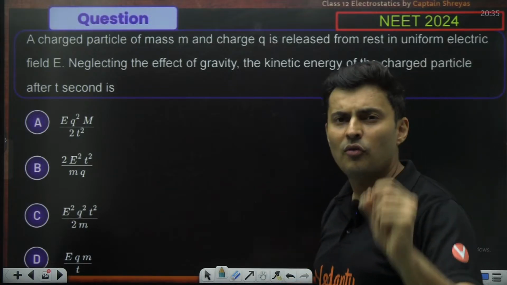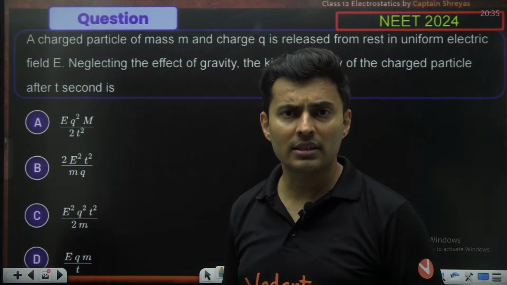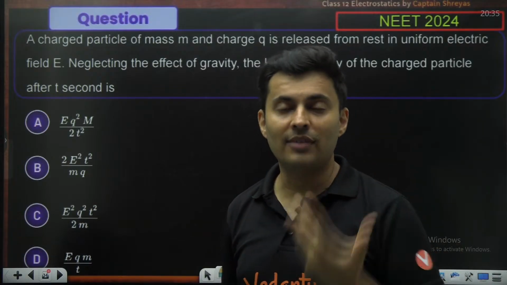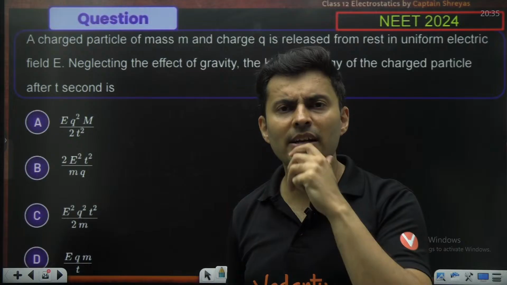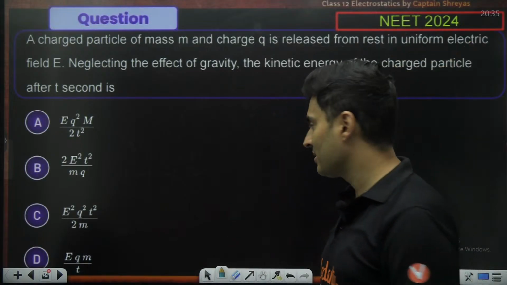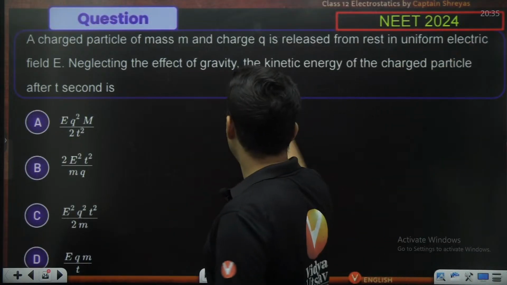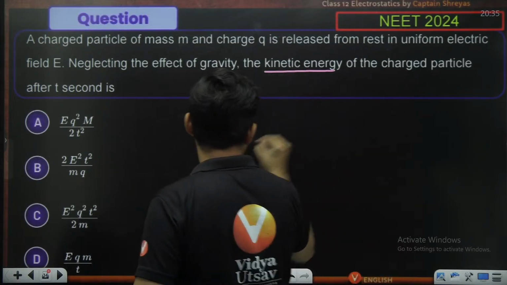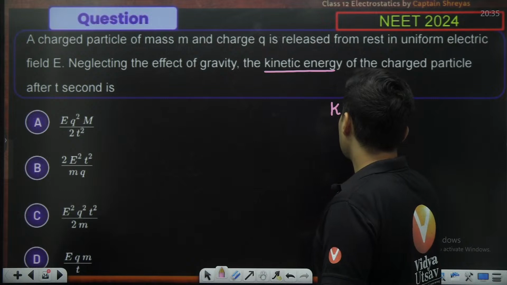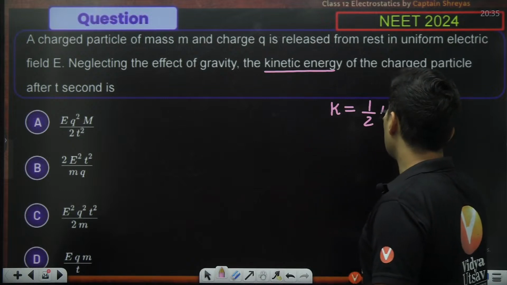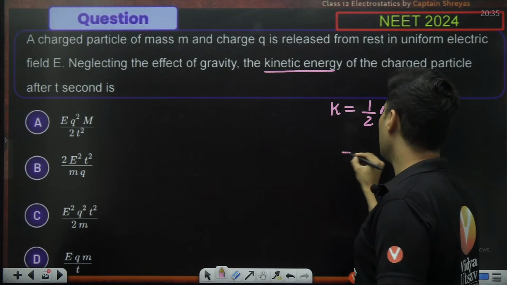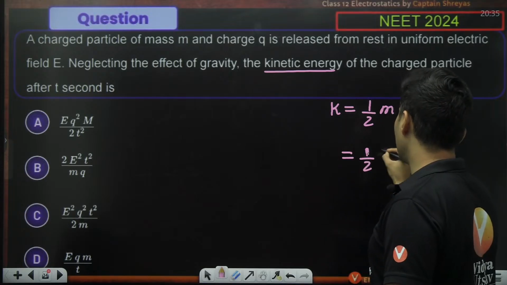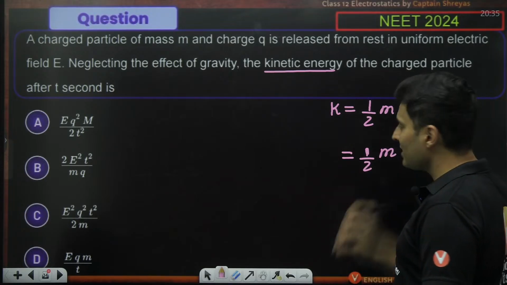Kinetic energy formula is half mv square. If I know speed, I can find it. But how do I find speed? Think reverse. For finding the value of kinetic energy, I will use half mv square. Mass, I know guys, that's perfectly fine. But what is speed?